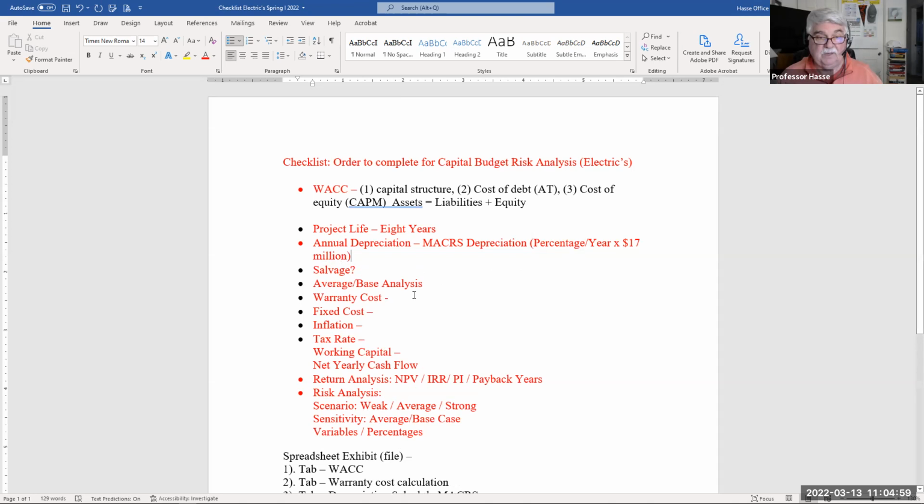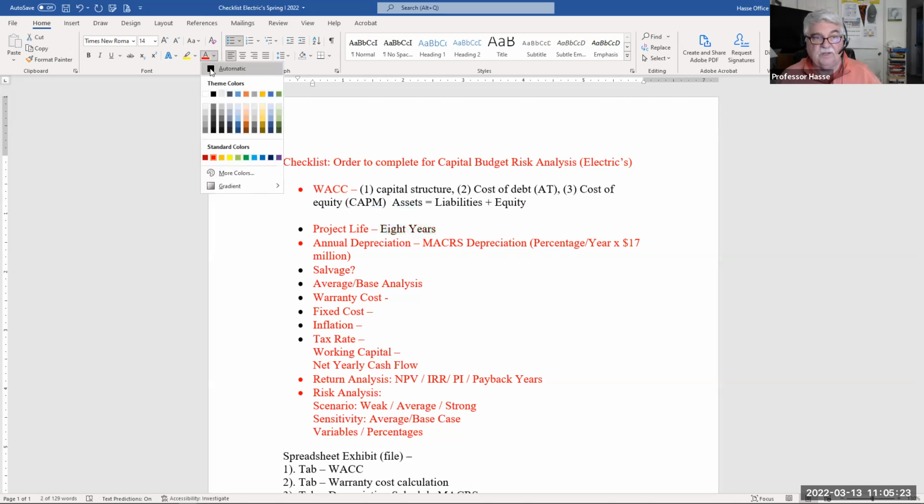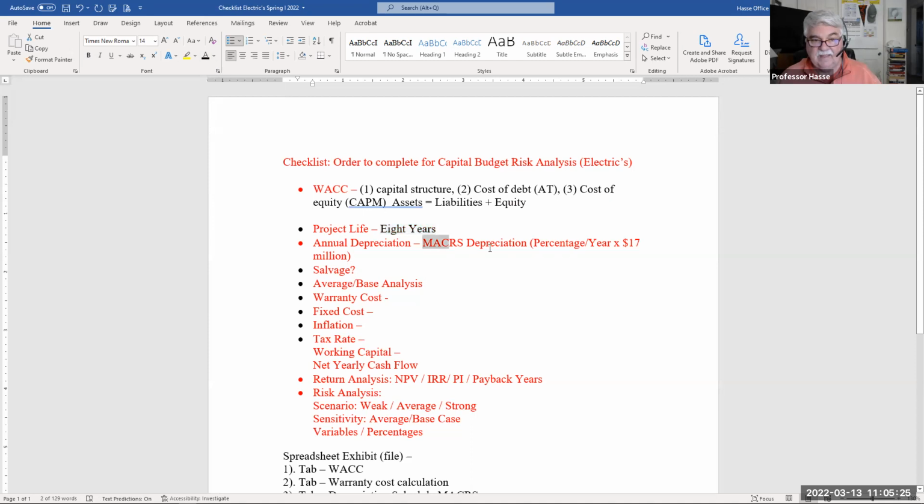So you have to come up with the percentage per year by finding the MACRS depreciation table, taking that percentage for year 1, year 2, year 3, multiplying by 17 million. And when you do that correctly, those total depreciations will total $17 million. So that's another thing that you have to work on, and that will be your depreciation number used in your case analysis.